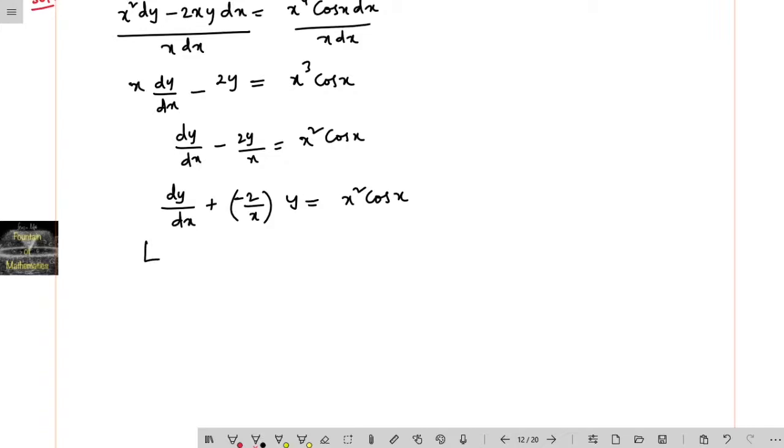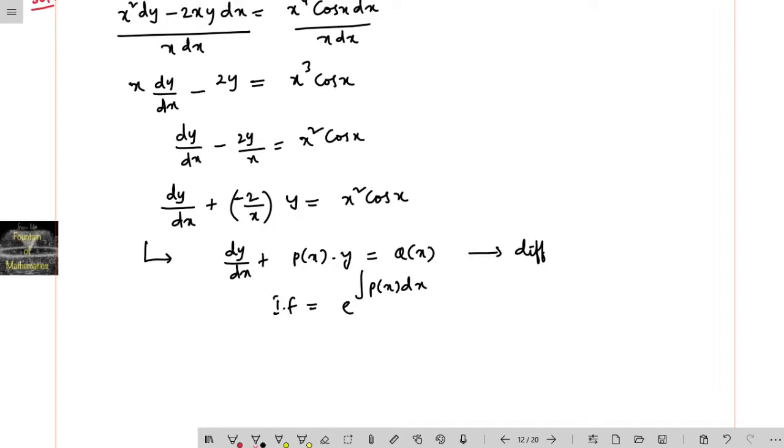Now this is in the form of dy by dx plus p of x into y is equal to q of x, a linear differential equation form, and hence its solution. We have integrating factor equal to e to the power of integral p of x dx, which is e to the power of integral of minus 2 upon x dx, which is e to the power of minus 2 log x to the base e.